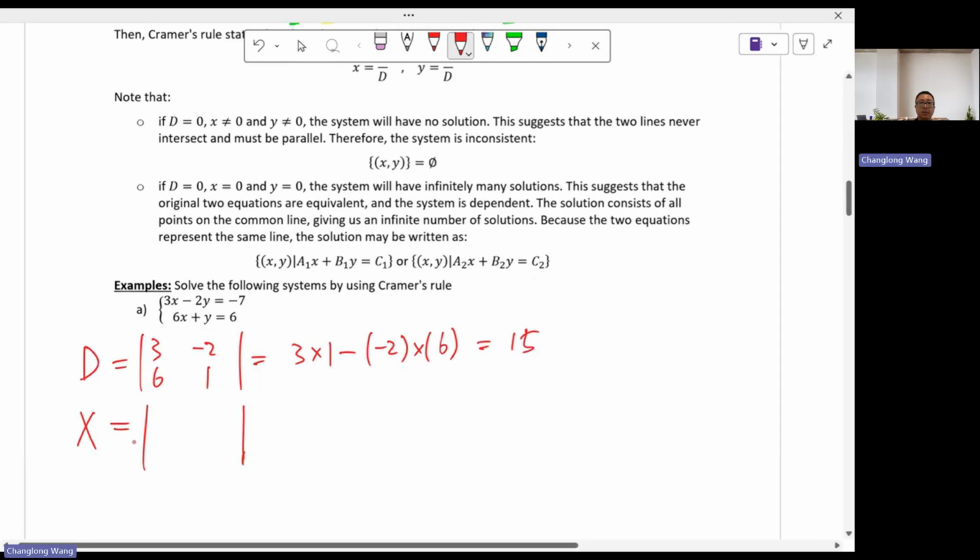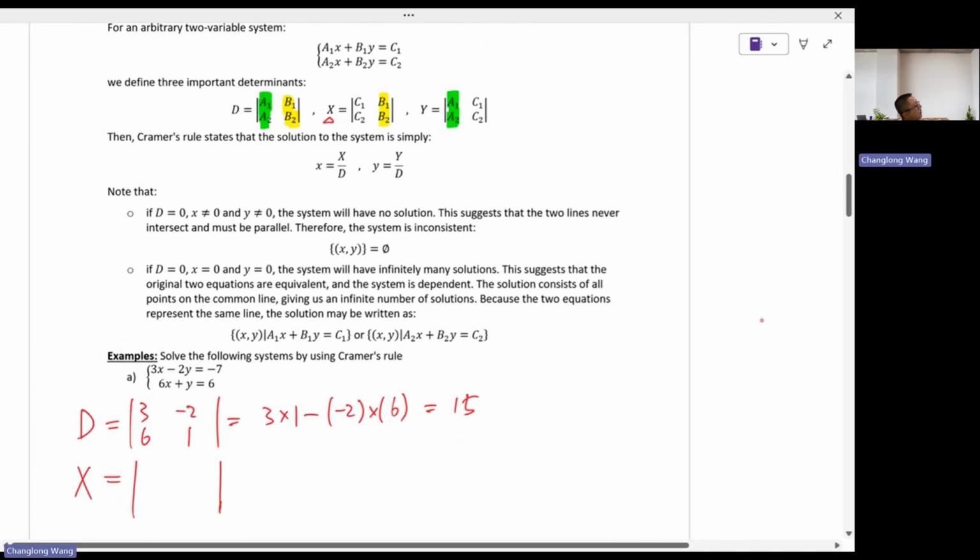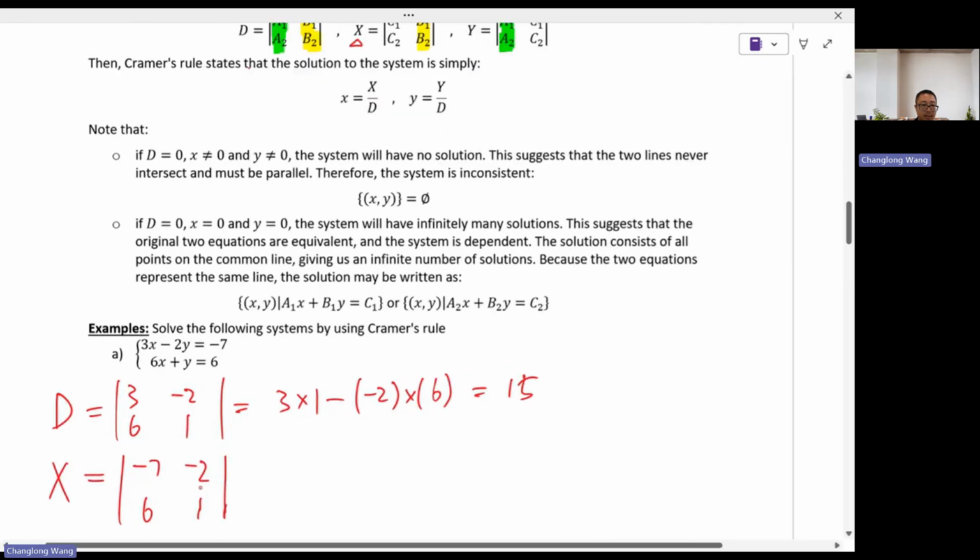All right, if I zoom out a little bit so you can see how we built the X determinant over there. We keep the second column of the D. We'll replace the first column of D with the constants, therefore we'll put -7 and 6 over here. We'll keep -2 and 1 as before, okay? And go ahead and calculate what the X is.